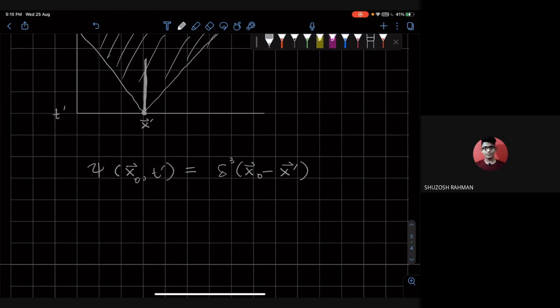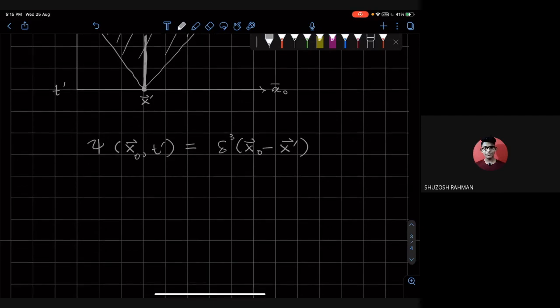Okay, so this is x0. Then according to our formula, the wave function at the later time is given by the integral d cubed x0 K(x t, x0 t').